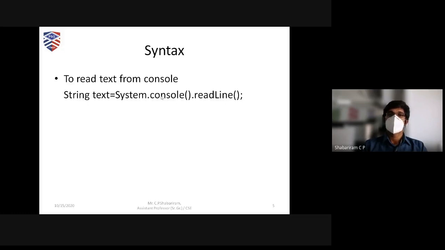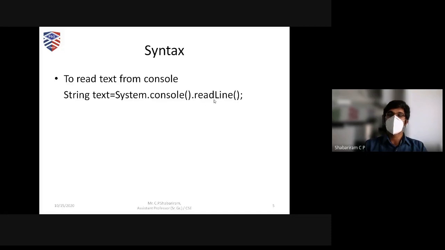So here we are actually adopting function overriding, right? With the reference of the console method, I am invoking readLine, which means I am invoking the console method that exists in the System class.